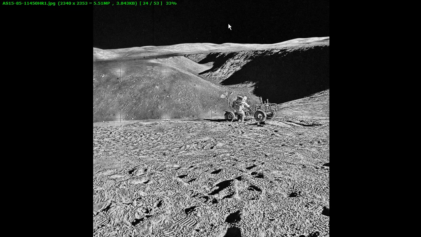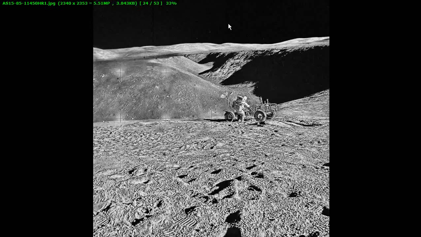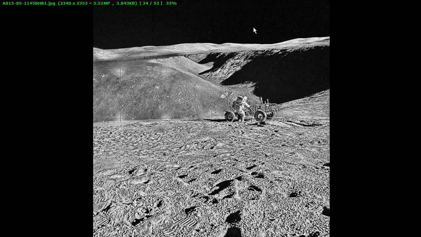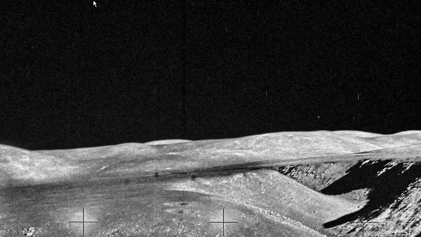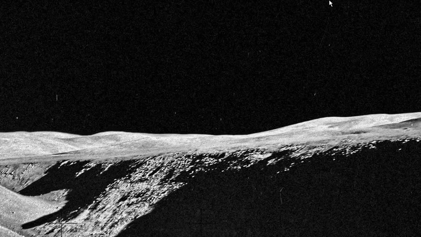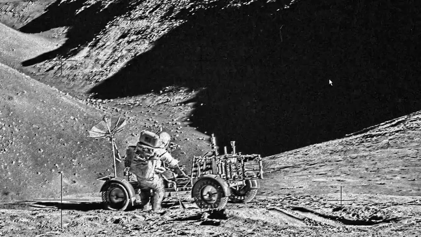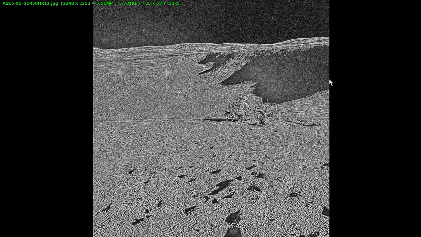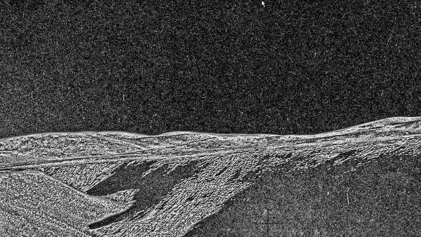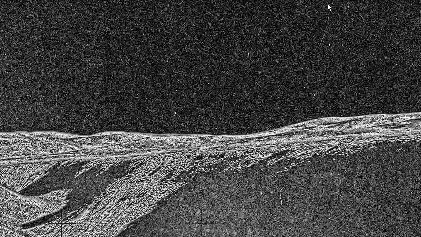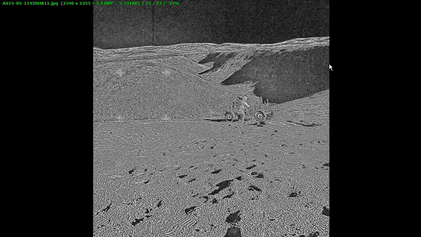And when we look at the different contrast layers, we see that there is indeed a nice horizon and apparently no manipulation of any kind, and the black pit appears to be a normal pit. When we go into the higher contrast levels, we see that it is indeed a normal horizon. There is nothing strange about this picture.